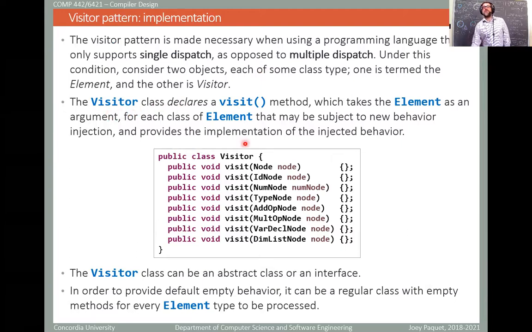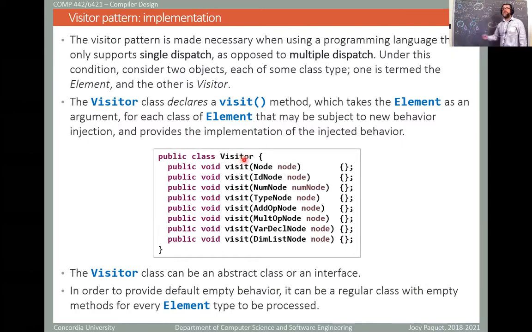So eventually, for every kind of node here, I want to implement semantic actions. So my visitor class is going to allow me to create semantic actions for a particular kind of visitor. Now, my superclass of visitor classes is going to look like this one here.